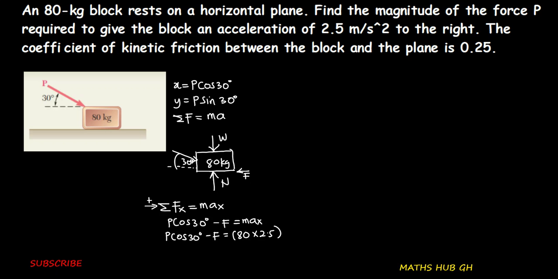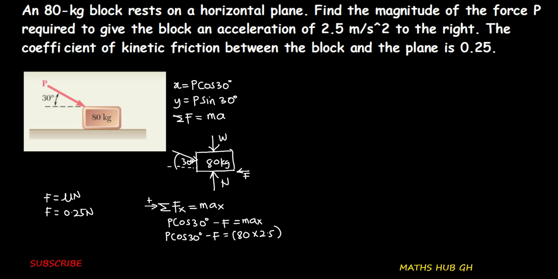Now let's look at the frictional force. Frictional force is equal to the coefficient of friction times the normal force. We know the coefficient of friction to be 0.25, so F is equal to 0.25 multiplying N. In this case, the normal force will not be equal to the weight force, because it's not only the weight force that is acting on the block.